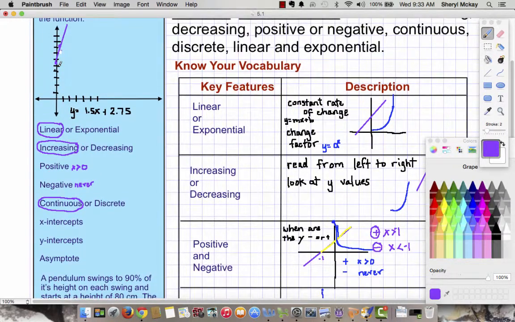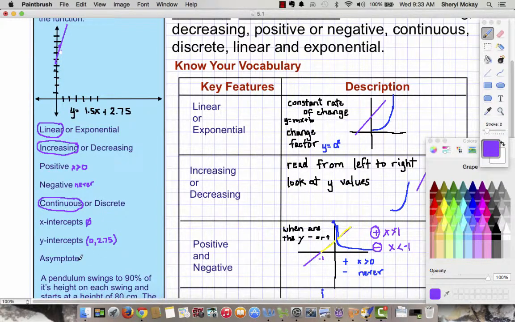What are the x-intercepts? Well, are there any x-intercepts? No, the graph never makes it down to the x-axis, so there are none. I'll just put a null set, none. What is the y-intercept? Well, the y-intercept is where x is 0, and that's at 2.75.